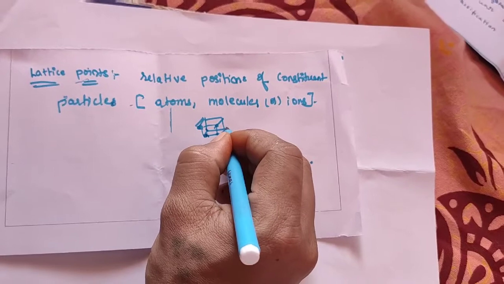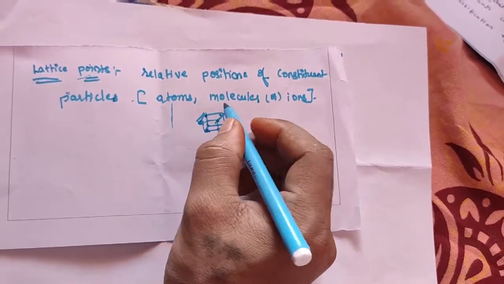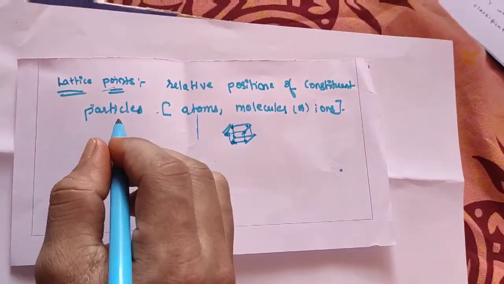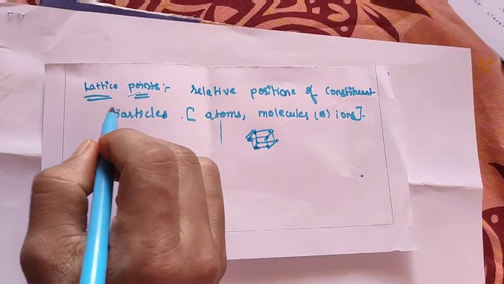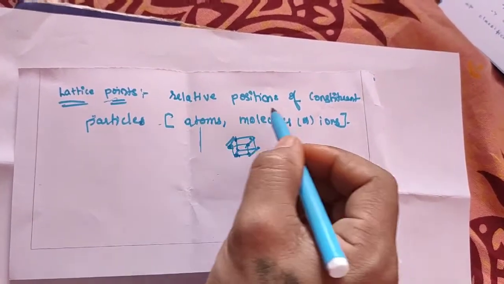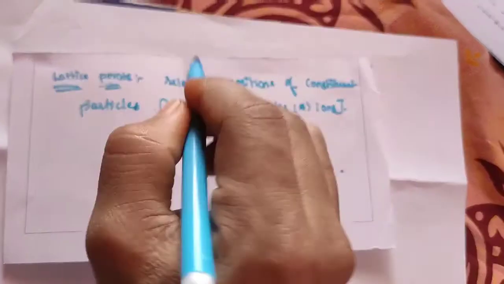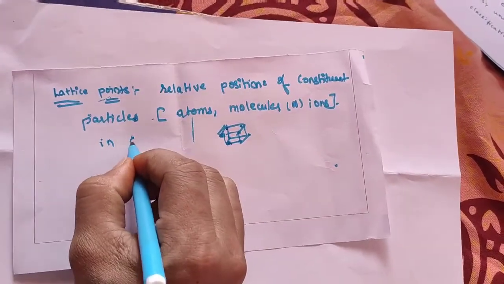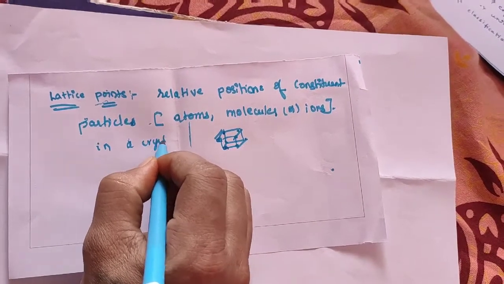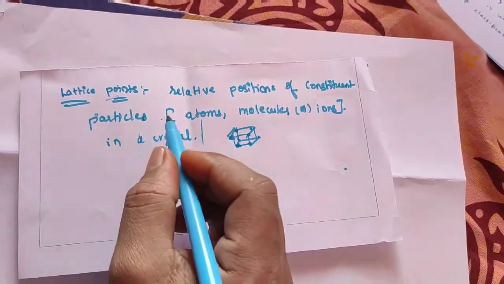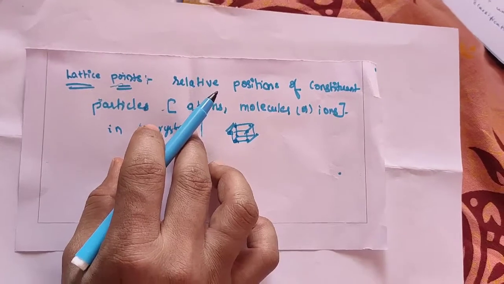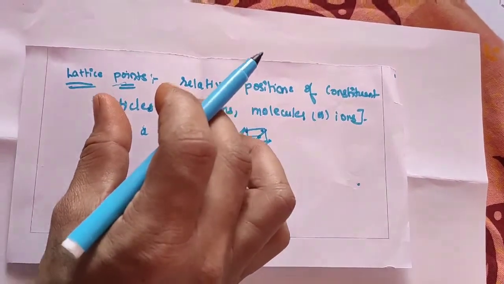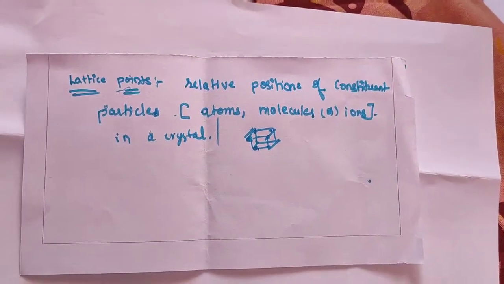So these points are taken as lattice points. So this is about the lattice points. It means the relative positions of constituent particles present in a crystal. So this is the important point for a short notes answer.